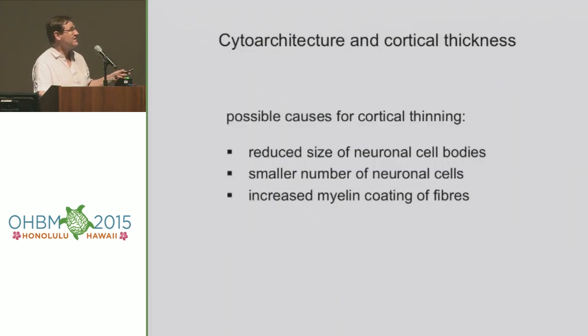We can't tell what is giving rise to the changes in the surface boundaries. Changes might be due to reduced size of neuronal cell bodies, a smaller number of neuronal cells, or increased myelination. All we can see is contrast.